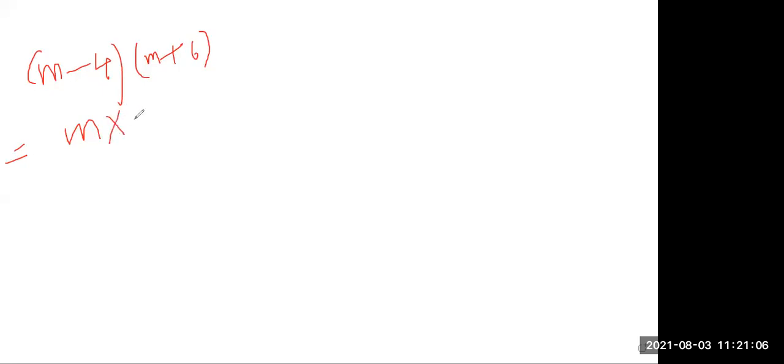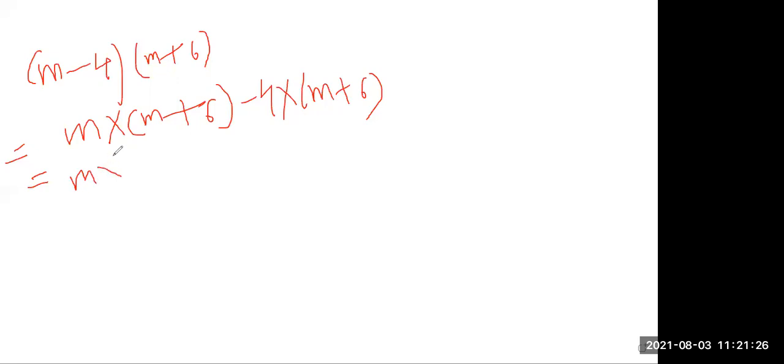m multiply (m+6), because some students are having difficulty with the formula, they can use this method. Then minus 4 into (m+6). Getting it? Then same: m into m plus m into 6.